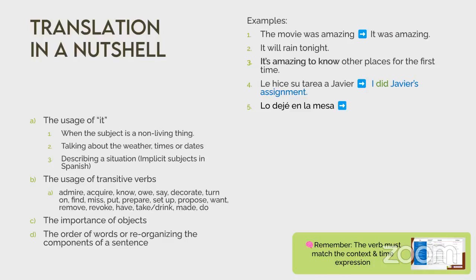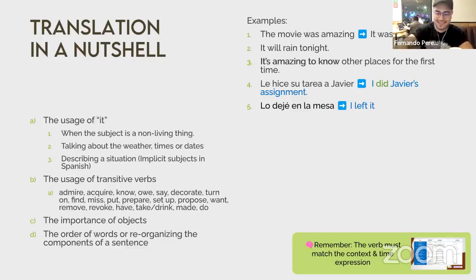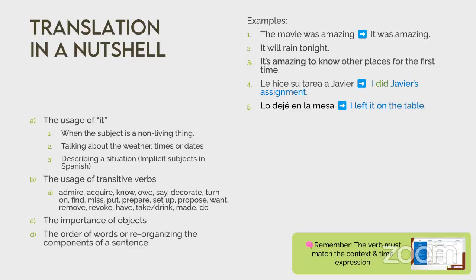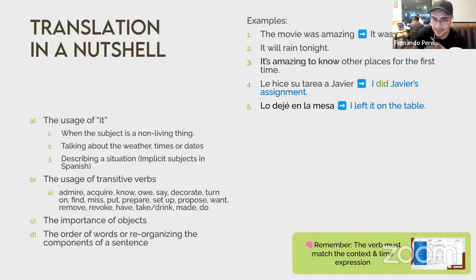I left it in the table. Very good. On the table, Benji, on the table. Not "in the table," because the table is not three-dimensional.